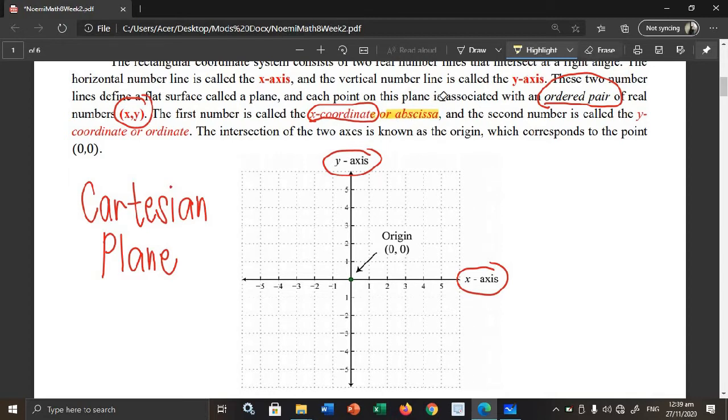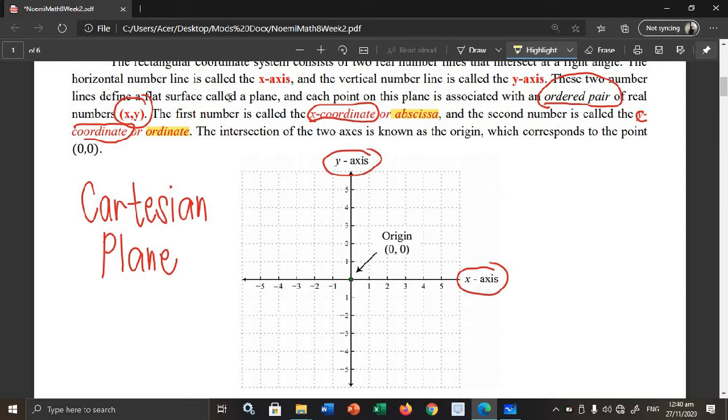And then we have the second one, which is the y-coordinate. Pwede din natin siya tawagin na ordinate. So don't be confused with the term. They are all the same.